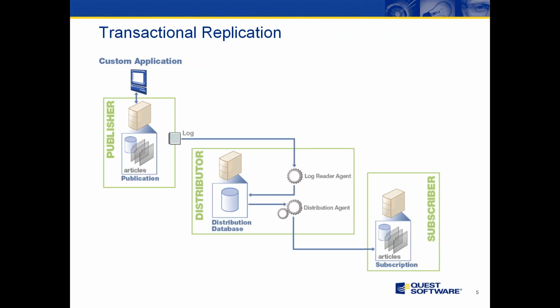Alright, so this is the picture of transactional replication. It almost looks similar, but there is one difference. You have a publisher server and a subscriber server, and you might be replicating a few articles.